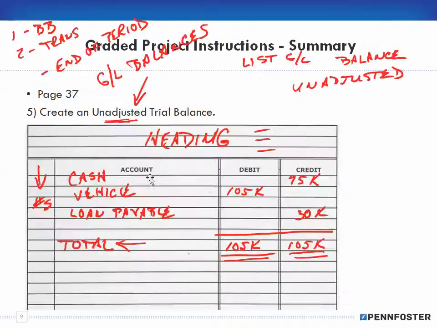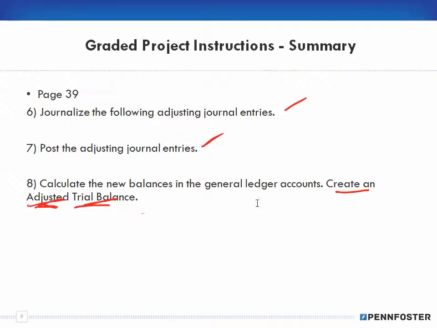The only difference is the heading, what the name of the trial balance is, and the balances in the accounts, because some of those balances have changed. But the bottom line will still be that your debits will equal your credits. So for number 8 here, we create an adjusted trial balance.